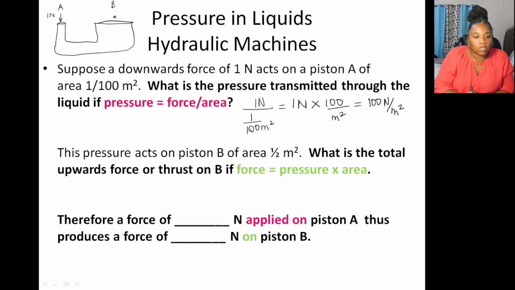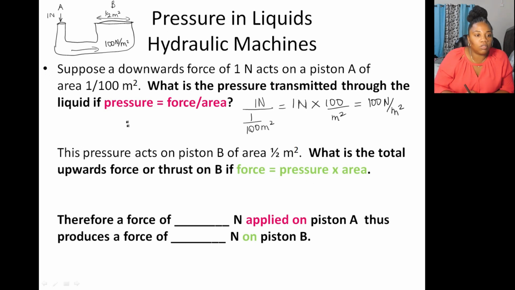They're saying this pressure acts, so we found out that the pressure that's acting here is 100 newtons per meter squared, and the area of this is half a meter squared.